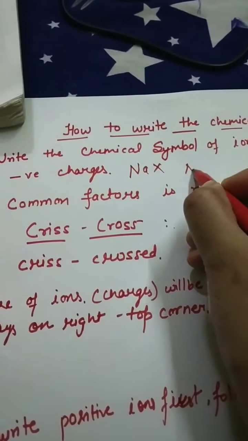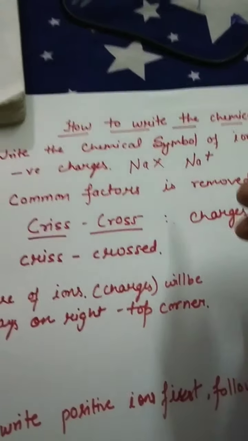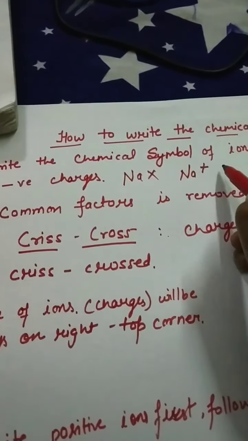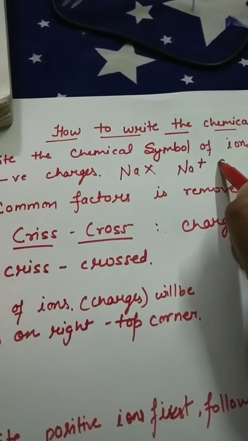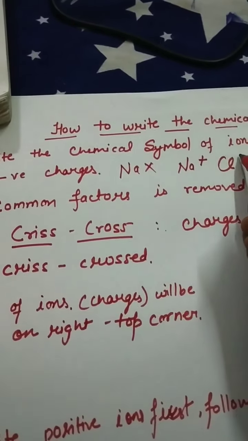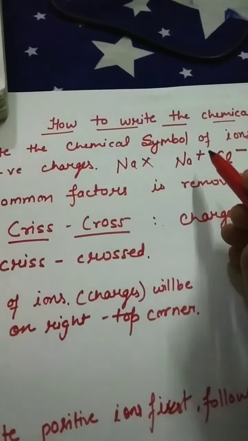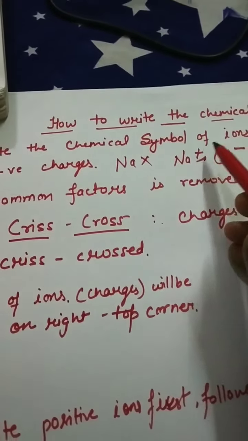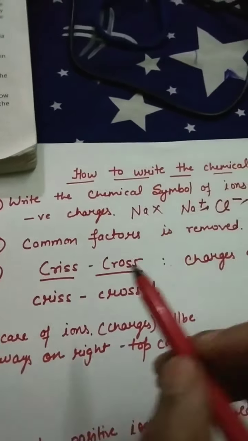I will write Na with the +1 positive charge. And the same when I write the chloride ion, I will write Cl with its negative charge. So always mention these plus and minus charges.